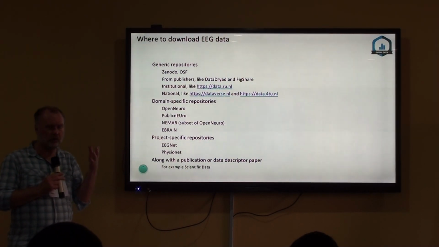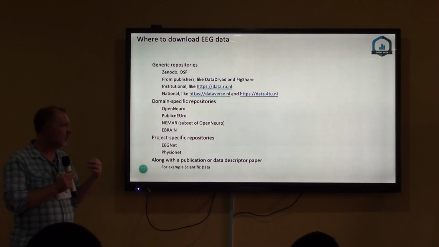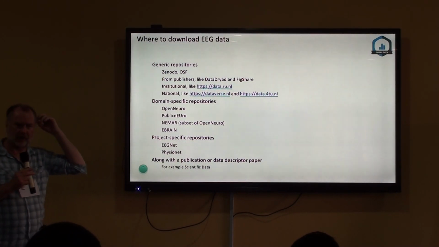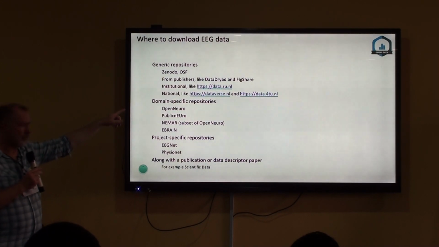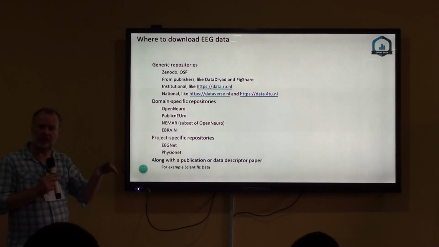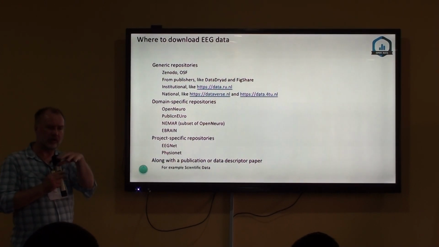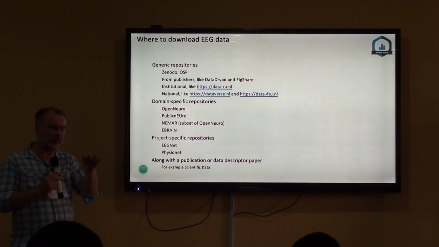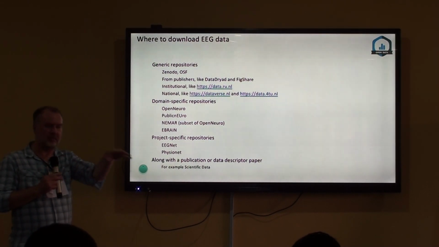We also have institutional repositories that are general purpose. For example, at our university, Radboud University, managed at ru.nl, that's our website, we have a data repository that is being used by all the researchers from all over the university. So in our repository you can find EEG data, but also chemistry data, data from humanities, data from very different fields.